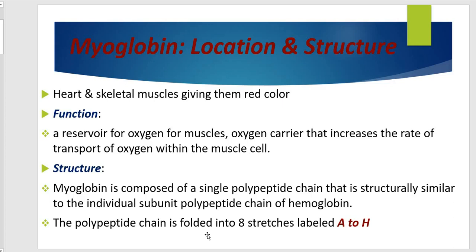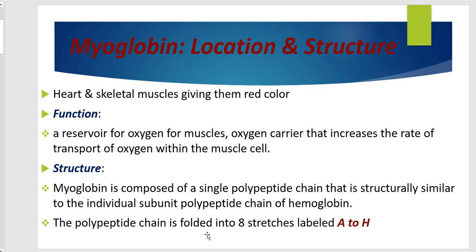Its function is mainly as a reservoir for oxygen in the muscle, so it's an oxygen reserve mainly. The second function is as an oxygen carrier, which increases the rate of transport of oxygen within the muscle cells, especially when they are working, exercising. Muscles need oxygen at low concentrations of oxygen.